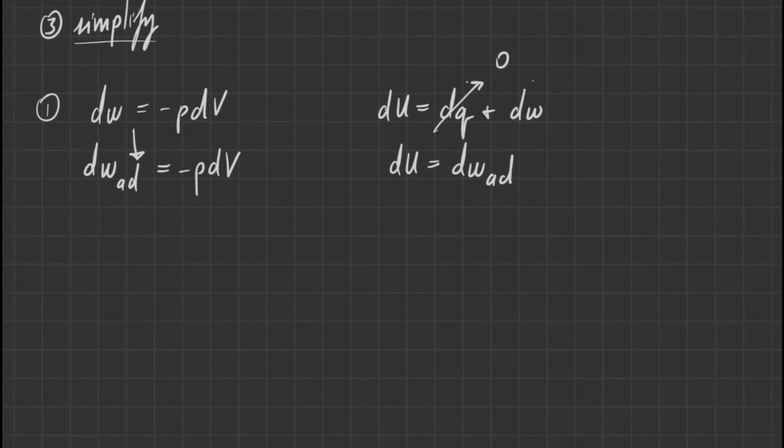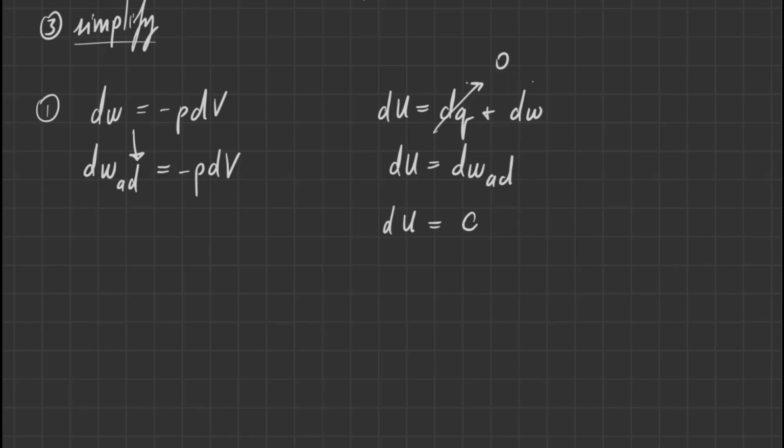We also know that dU is equal to the heat capacity at constant volume multiplied by dT.